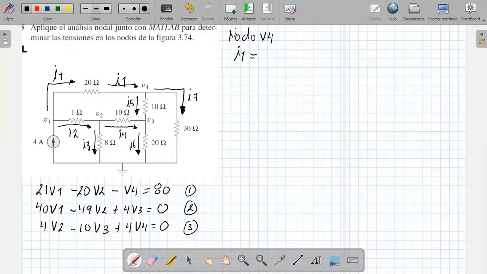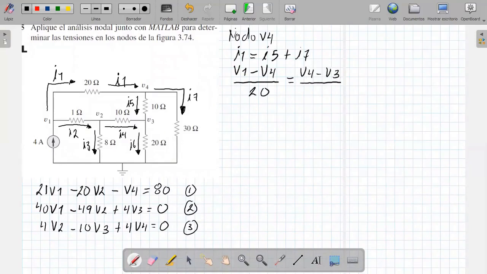It's going to be equal to the current that comes out, which would be I5 plus I7. The I1, V1 minus V4 over 20, is going to be equal to the I5, V4 minus V3 over 10, plus the I7, V4 over 30.